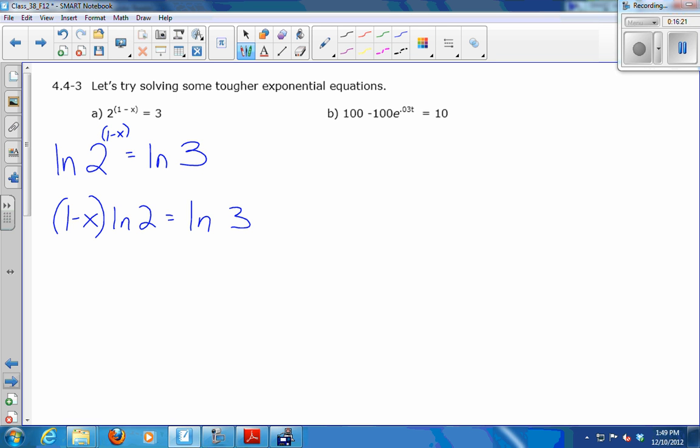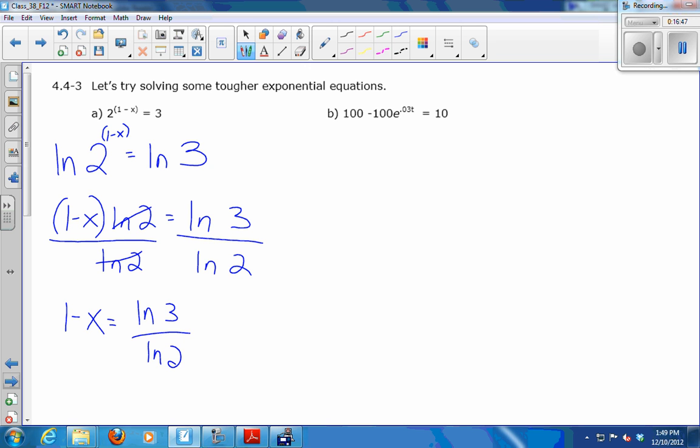What if this said 1 minus x times 5? What would come naturally? Distribute. You could distribute here also. ln 2 is just a number. So it doesn't matter which one you do. As long as you're always doing the same thing to both sides, you're fine. So over here, we're going to cancel, and I have 1 minus x equals ln 3 over ln 2.